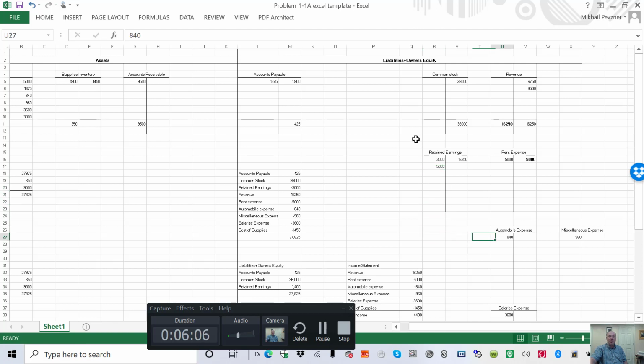I'll credit my automobile expense 840. And I'll debit it here. I'll do the same thing with my miscellaneous expense, 960, and I'll do the same thing here.